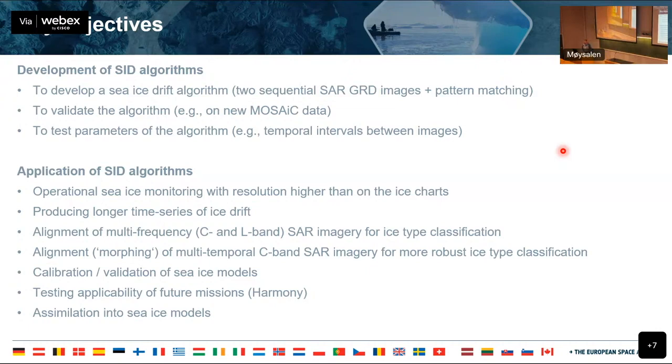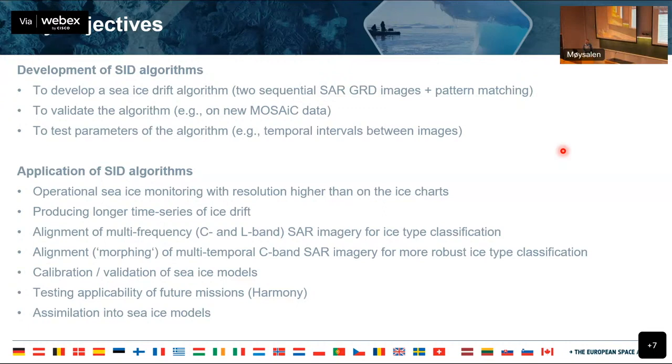And for ice drift in particular, all the algorithms deal with 2 sequential SAR images in ground range, and then they do some sort of pattern matching to find where the ice has moved. And so to develop an algorithm is still an objective for some of the presentations that I will show.